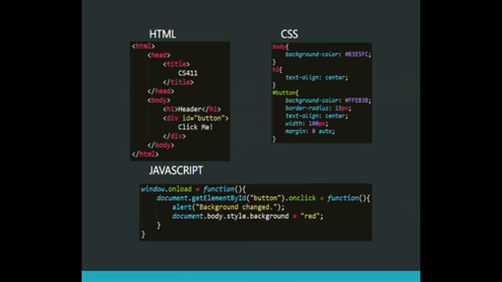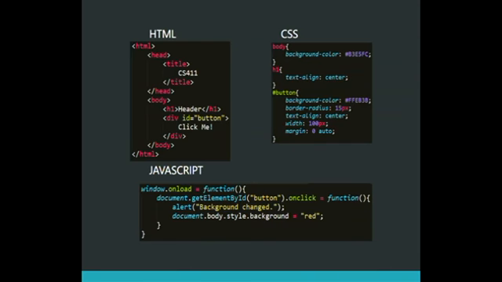And then you have a div, which is a division, and you have some kind of click me text in the div. You also have an ID that comes with the div, so you can refer to a specific element in your HTML. So all my HTML here is telling the browser I'm gonna have a header here, and then I'm gonna have a click me button here.